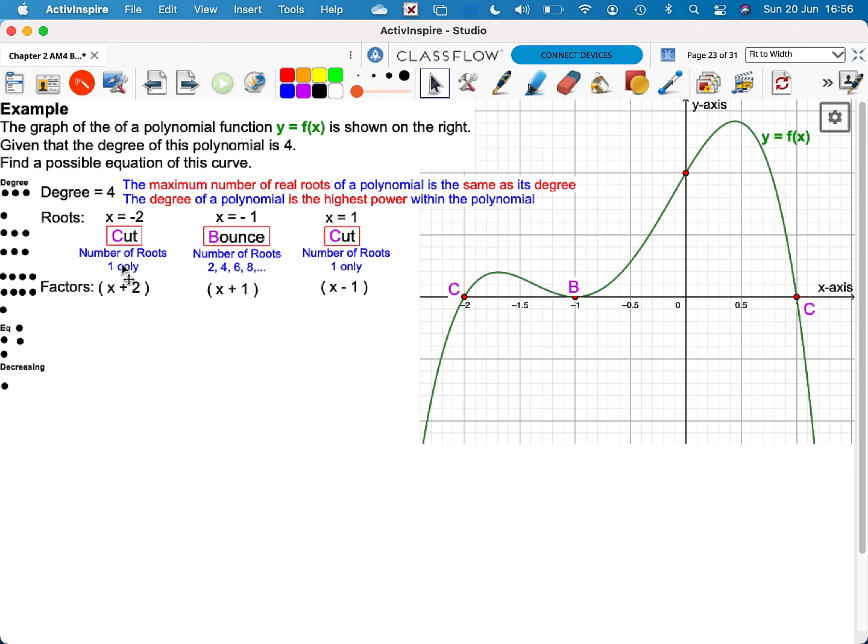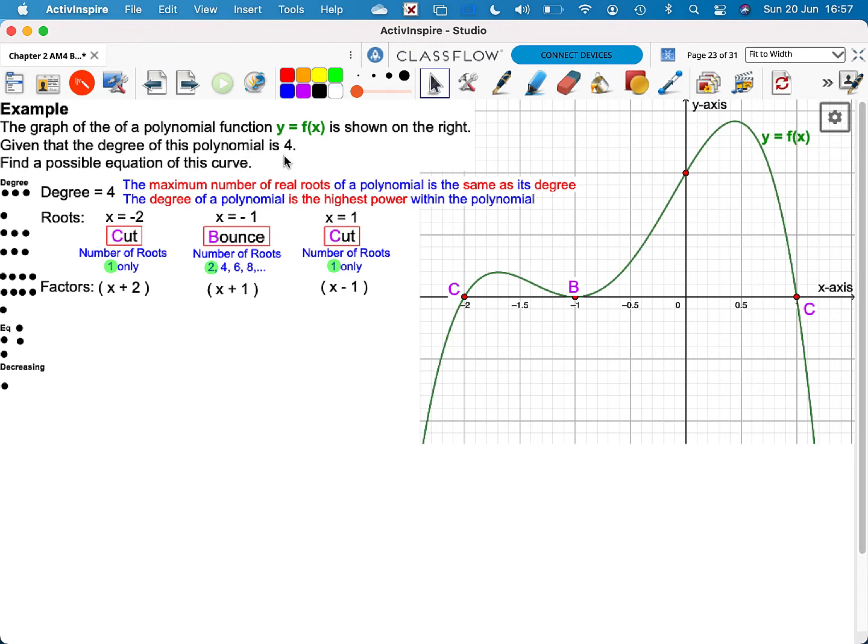Now, what we have here, this has only got one root, so we can certainly highlight the ones. Is it 2 or 4? Well, we need to go back to what the degree of the polynomial is. The polynomial is 4, which means the maximum number of roots that this can have is 2. So therefore, there has to be equal to 2.